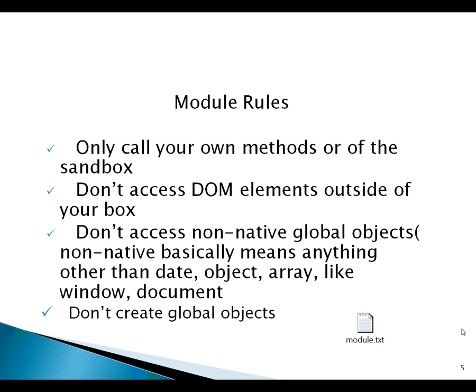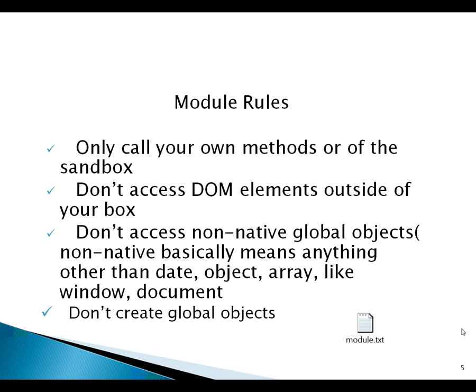So don't access the DOM elements outside of your box. Don't access non-native global objects. Non-native basically means anything other than the Date object, Array, like window, document. Don't create global objects.